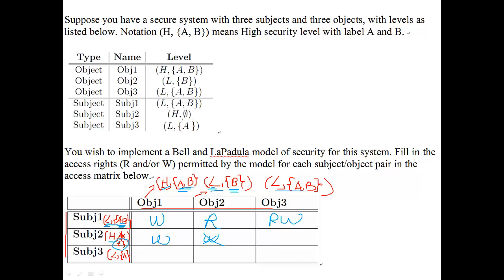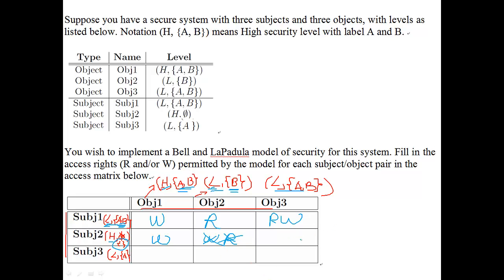This is empty, this is category B, then B is higher than this one. So subject 2 cannot read object 2 either. Okay, we put some symbol here to mark that it cannot.